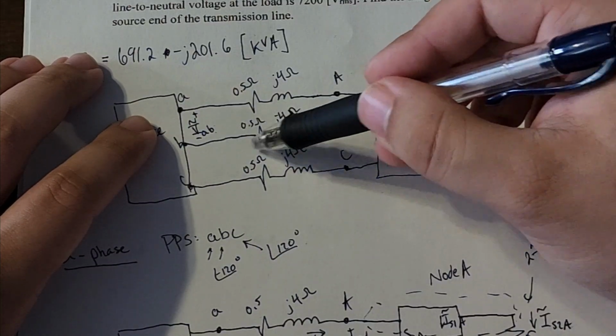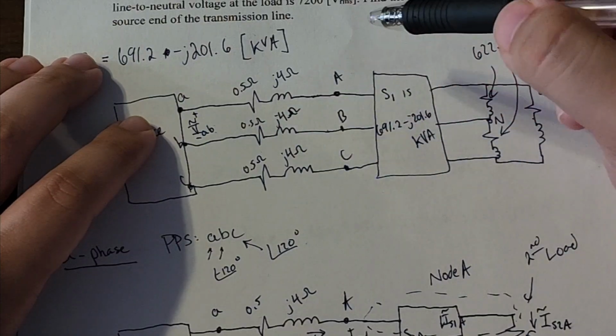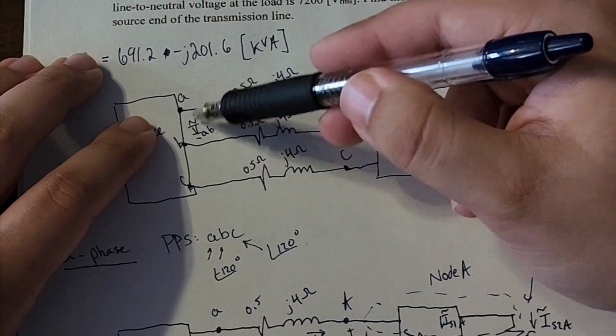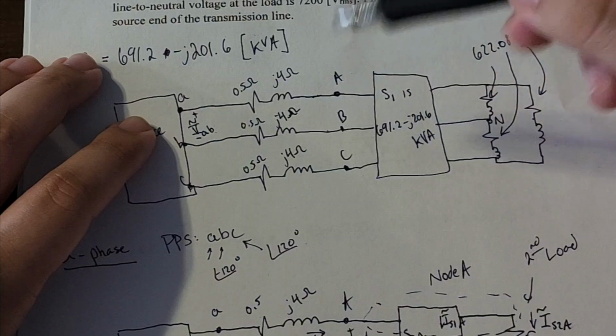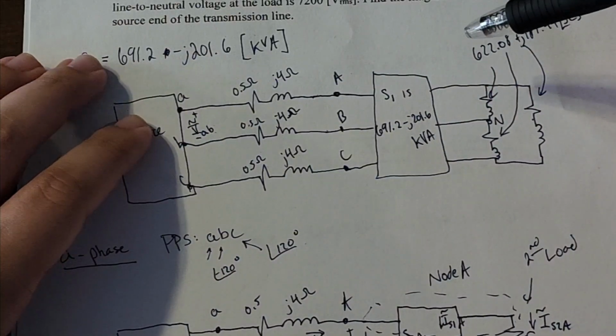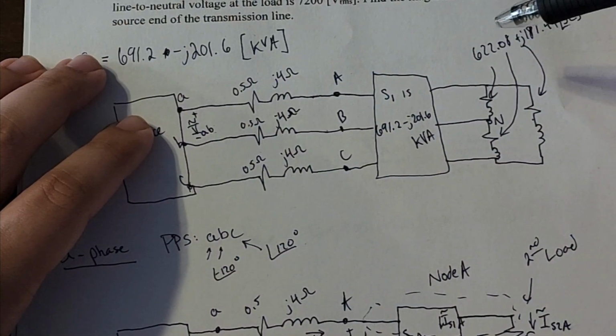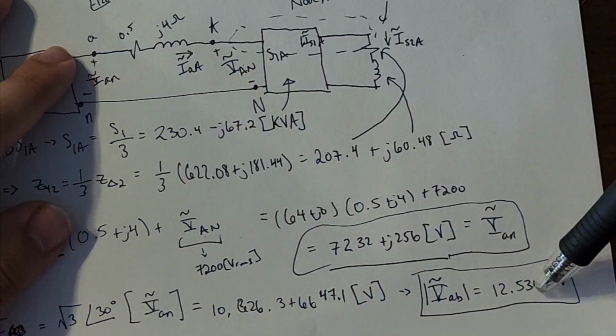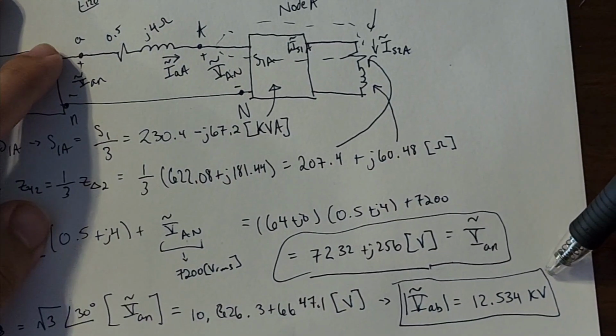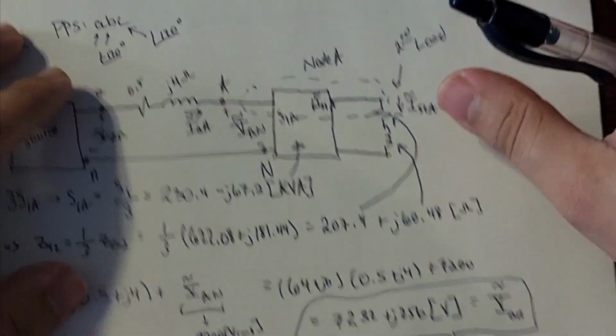Actually, it would be the addition because the current is going in the opposite direction. And this is what this is equal to. All right, so hopefully this was okay. This is what I got as the answer at the very end. Magnitude is 12.53 kilovolts. And hopefully this made sense.